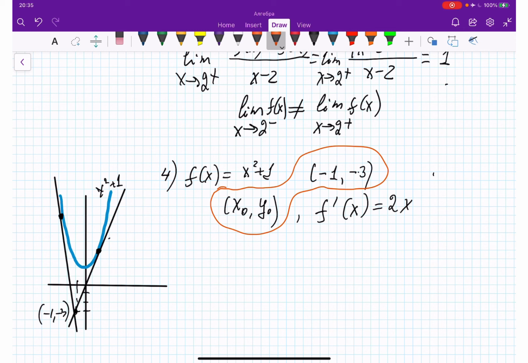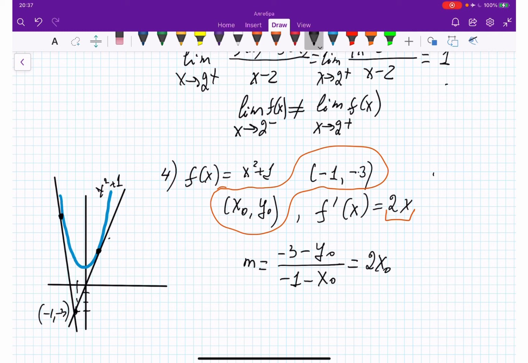So y2 minus y1 over x2 minus x1, I'm finding the slope. So its slope is going to be -3 minus y0 over -1 minus x0. It's going to be 2x0, because the slope of the line through (-1, -3) and (x0, y0) equals the derivative of f of x.